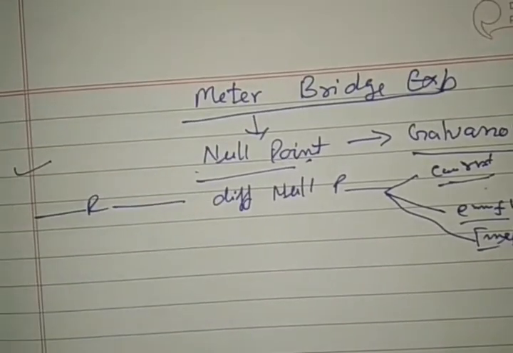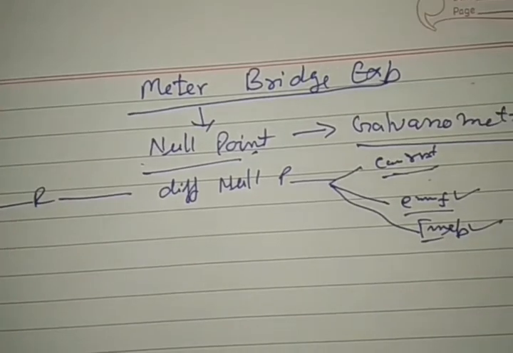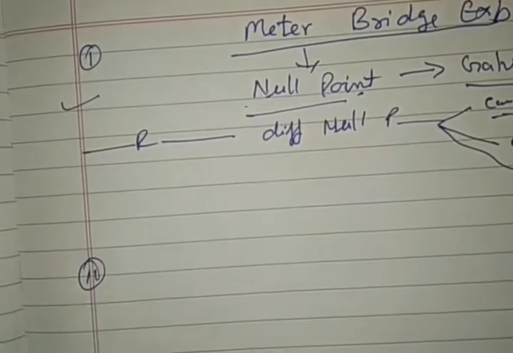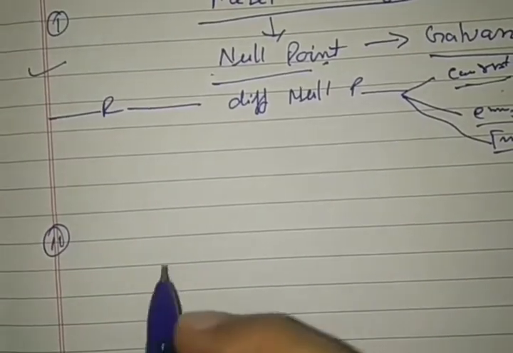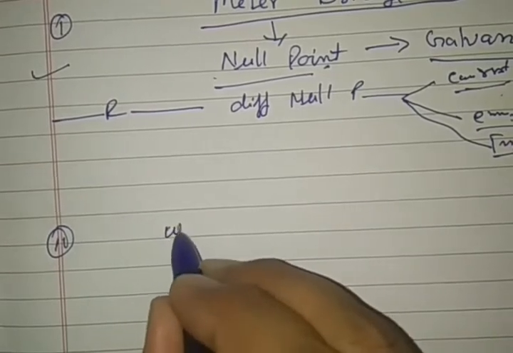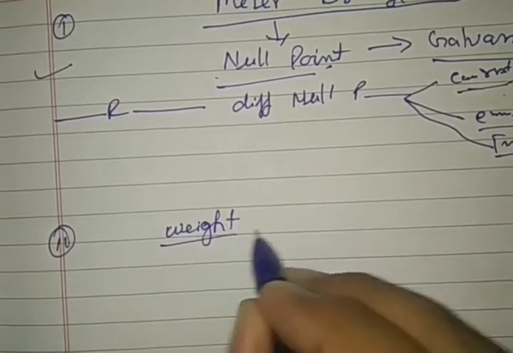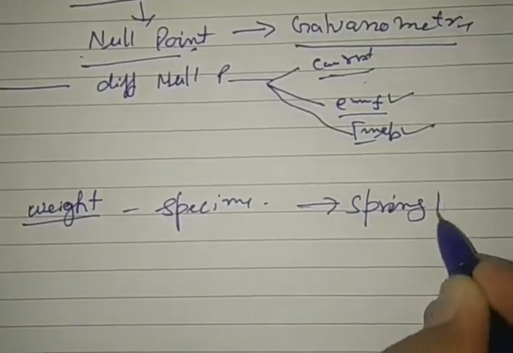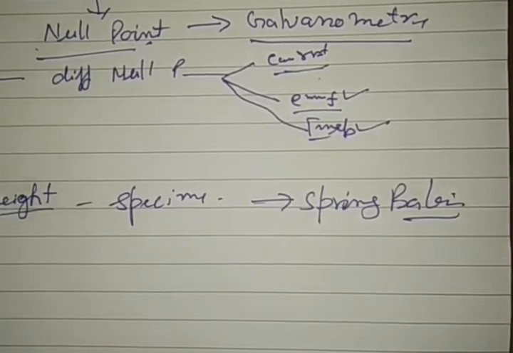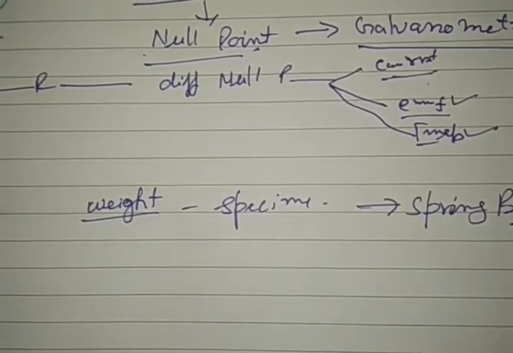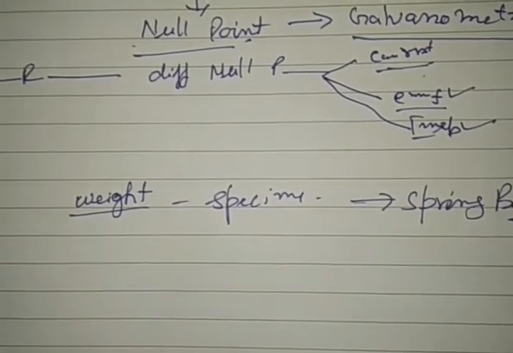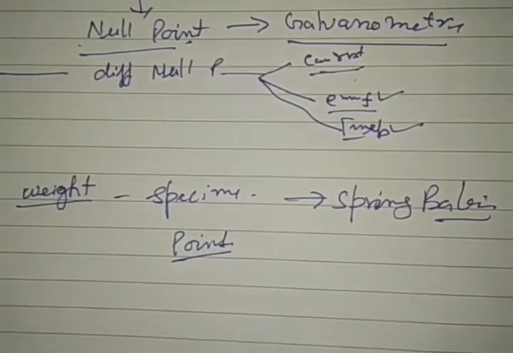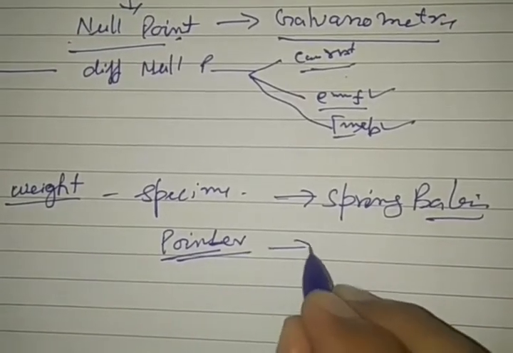Second is due to incorrect judgment in taking the measurement. In another experiment, suppose we are going to obtain the weight of a specimen by a spring balance, and sometimes it becomes difficult to determine the position of the pointer, to coincide the pointer to take readings.